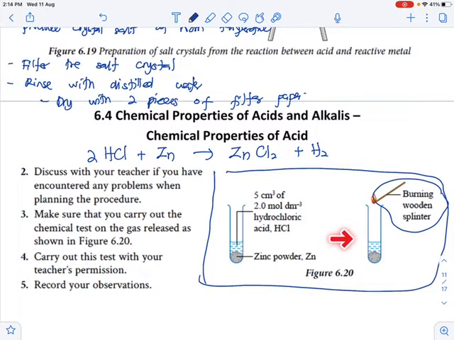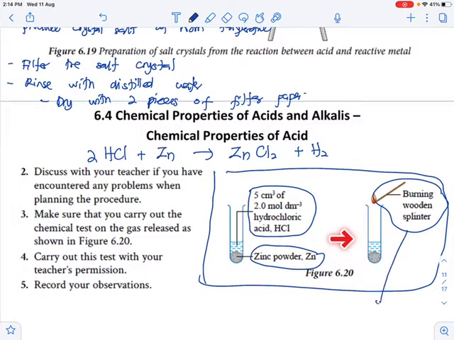Alright, so we repeat the experiment by using 5 cm³ of 2.0 mol dm⁻³ hydrochloric acid poured into a test tube, and add zinc powder. Then put a burning wooden splinter at the mouth of the test tube.